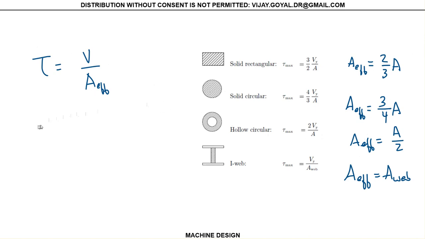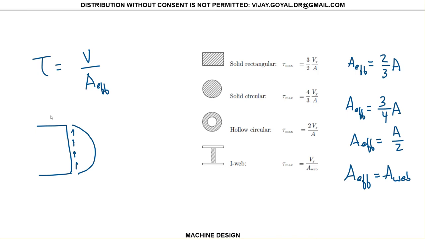And one thing that you have to keep in mind when you're solving this, that when you do V over A, this tau actually acts all the way along this. And so you're talking about a shear load that actually does that. However, when we take this approximation, we are assuming we are taking the average.